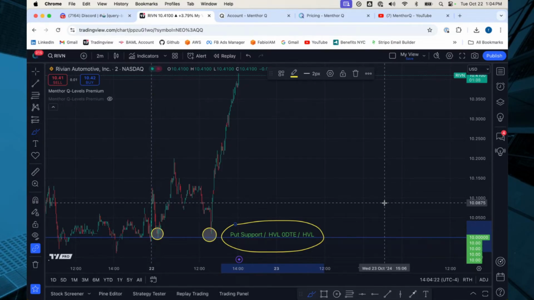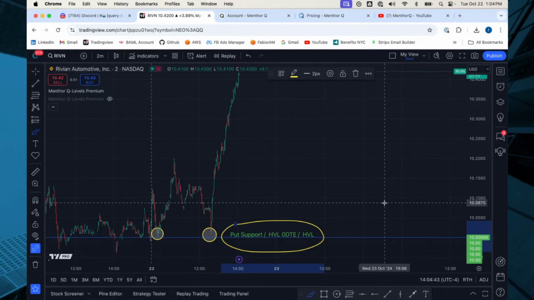If we have two levels there, like put support and another major gamma level, then this is much stronger than a single one, especially if the high vol is also there. Sometimes we see put support, high vol, 0 DTE, and high vol together. This is a really strong one.